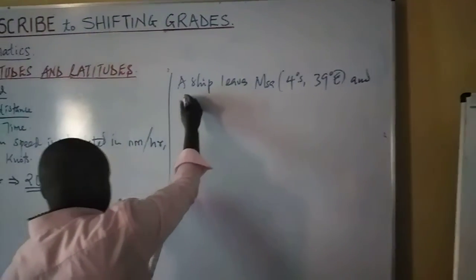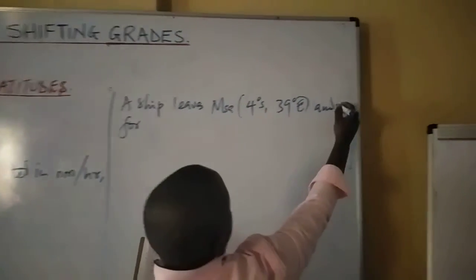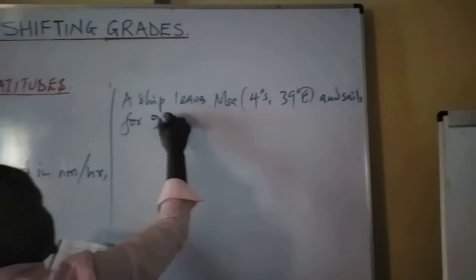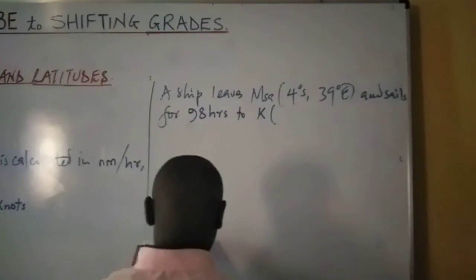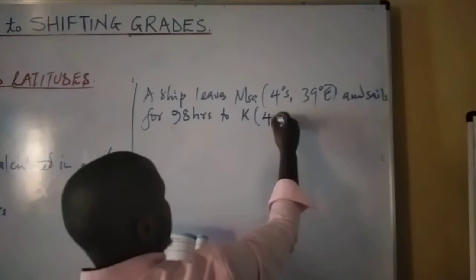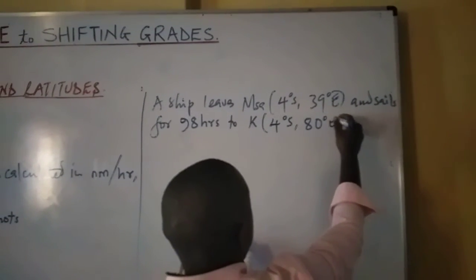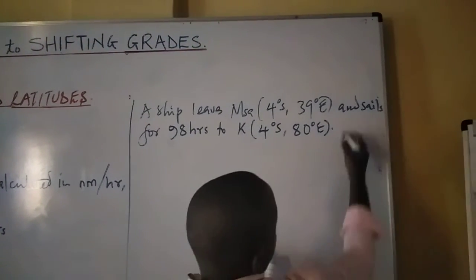A ship leaves Mombasa and sails for 98 hours to a place K, which is 4 degrees south, 80 degrees east. Calculate its average speed.